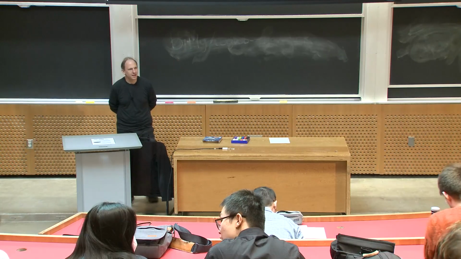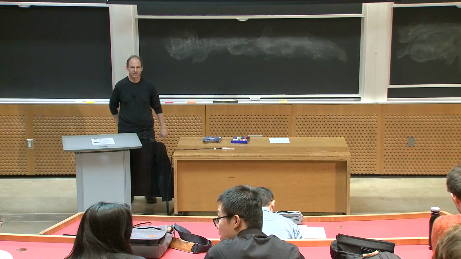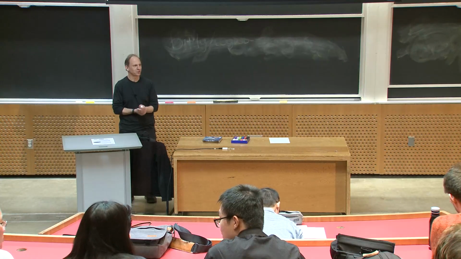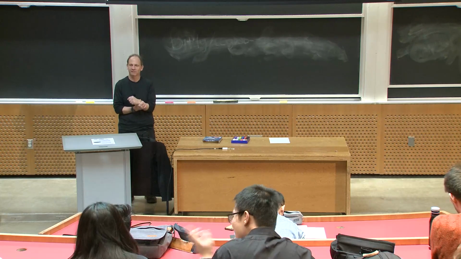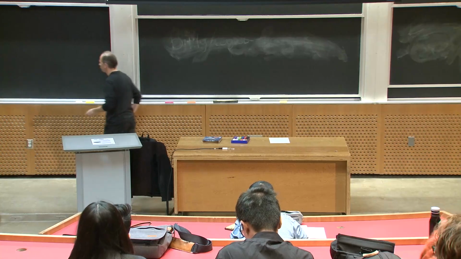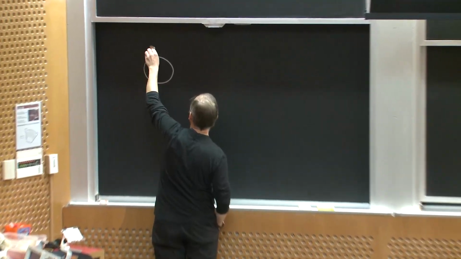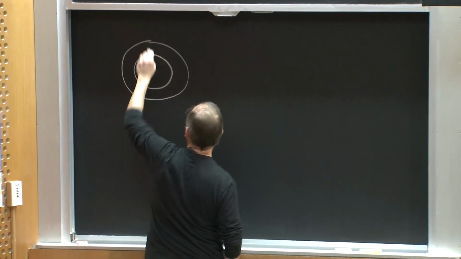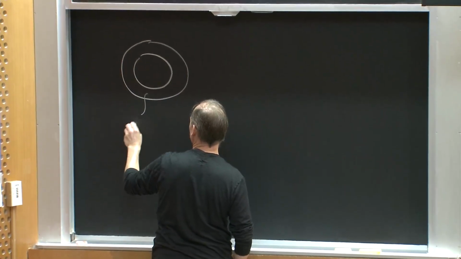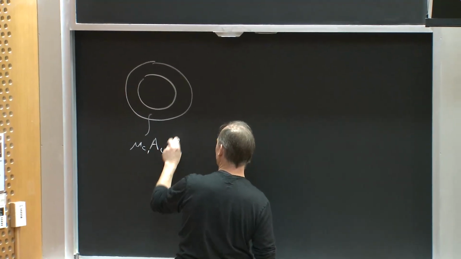So last class we started talking about magnetic components, and this is a pretty important topic in power electronics because most power converters have magnetic components at the heart of them. And we introduced the notion of just having an inductor. So maybe we have some core where we have some permeability of the core, some cross-sectional area of the core, and some length of the core.